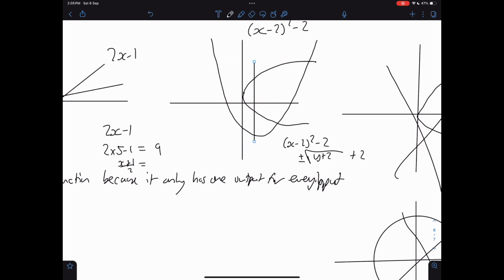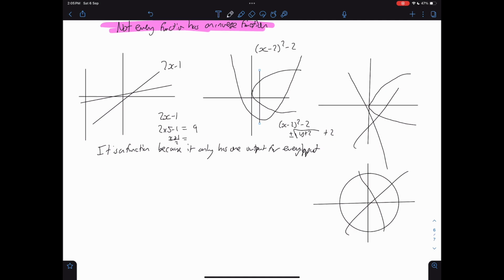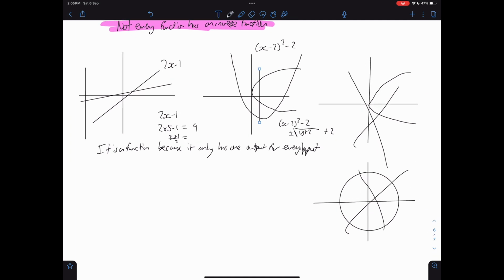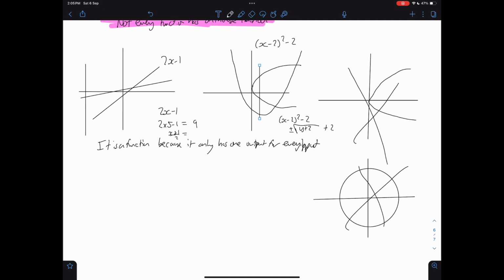Therefore, its inverse is not a function, so it doesn't have an inverse function. The difference between these is that this is one-to-one, and this is many-to-one. And so that's why we can say only one-to-one functions have an inverse.